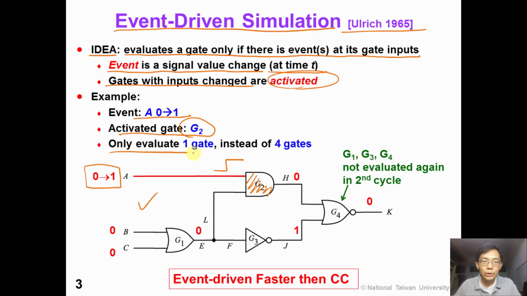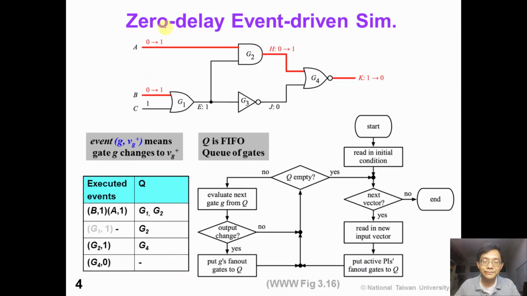We only need to evaluate one active gate, which is G2, in event-driven simulation. The other three gates are not evaluated again in the second cycle because they are not activated. So, event-driven simulation is typically faster than compiled code simulation.